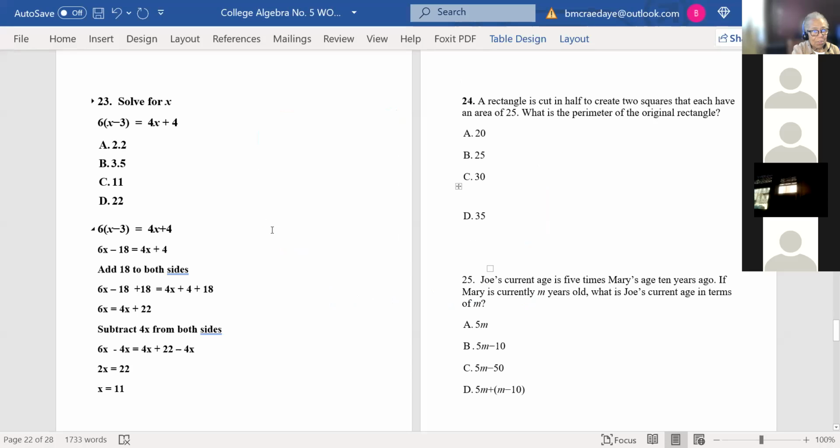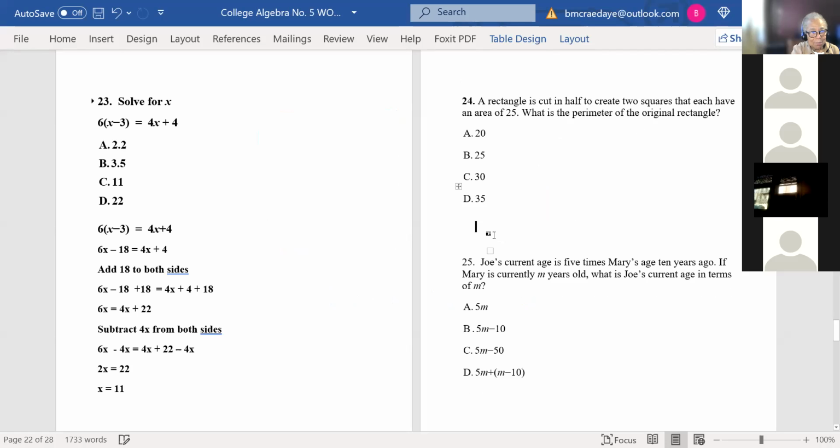So it's cut in half and it says, what is the perimeter of the original rectangle? Now, perimeter, we said that before, right? Perimeter of a rectangle is 2 times length plus width.